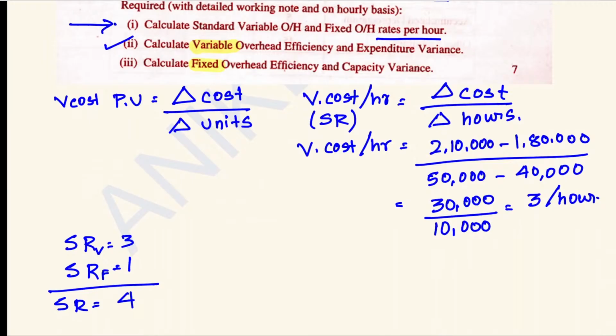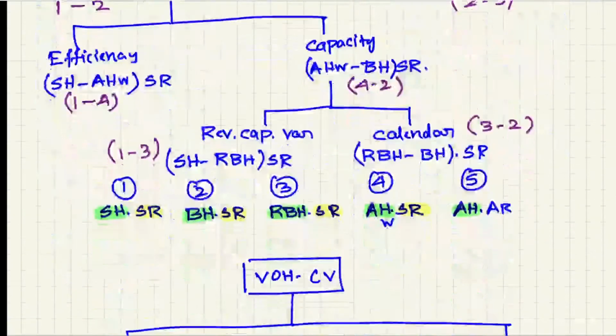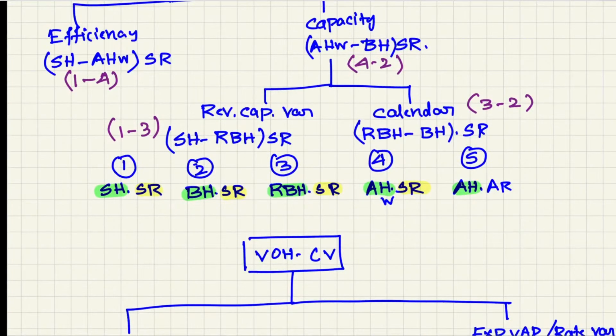So here it is calculate fixed overhead efficiency and capacity variance. So efficiency is the same formula. Whatever you used for a variable overhead, for fixed overhead also it is the same formula. But in this formula, your standard rate is not 3, it is 1.